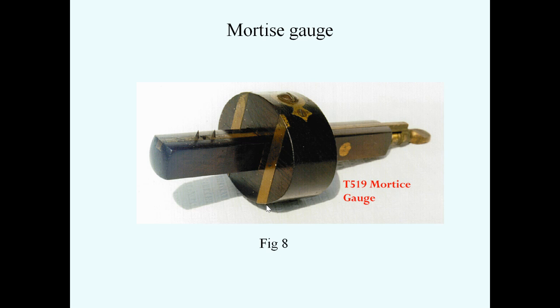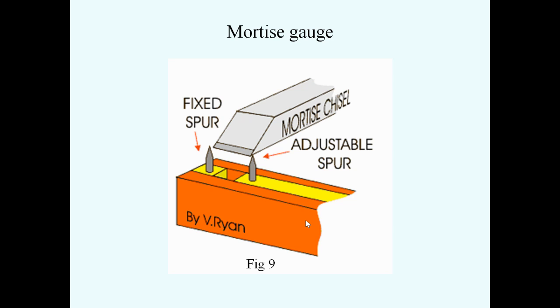You have a mortise gauge. You can see here fixed screw, that is fixed pin, sharp fixed pin, and adjustable screw pin.